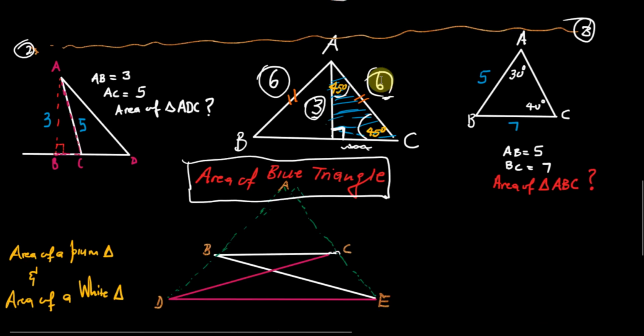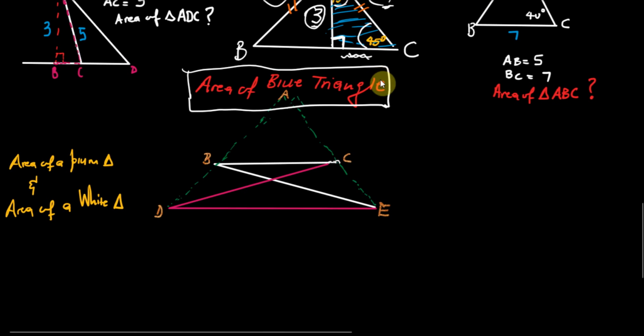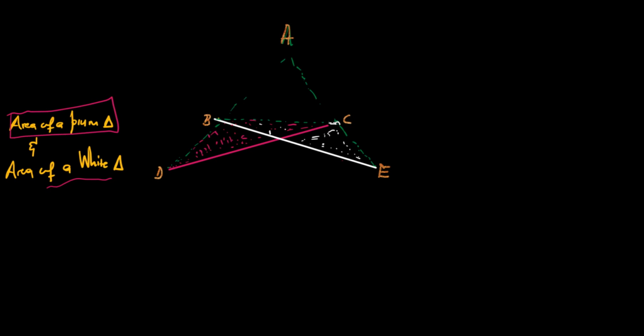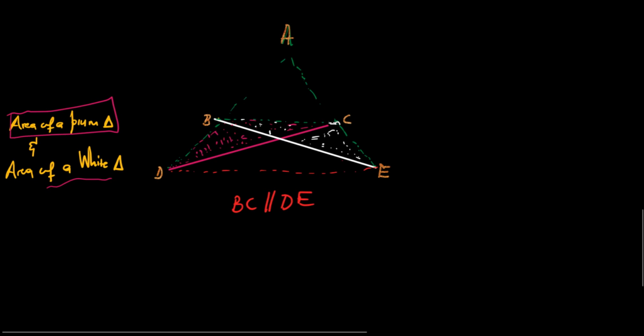Now we're going to go to the last one, and I want to explain the areas between parallel lines. So in this example, I want to show you that the areas between parallel lines, where we have BC parallel to DE, are going to be equal.